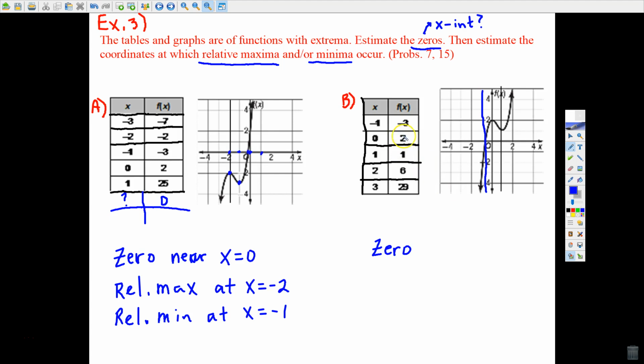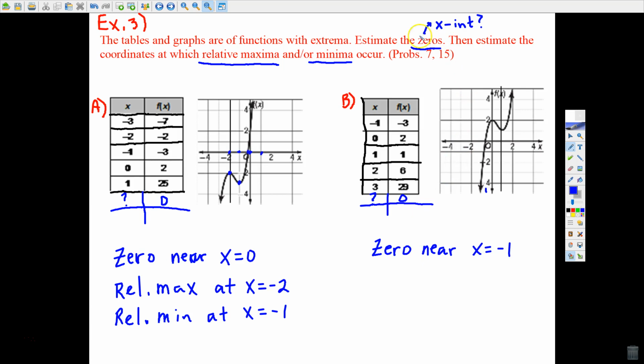And we don't know for sure because they didn't tell us where the function equals 0. So we're going to just estimate looking at the graph. And we have a zero near x is -1. And again, zero is just another way of thinking of x-intercept. Where is the graph crossing the x-axis? Okay. So I'll get that out of the way since you now know there's a missing graph line there.